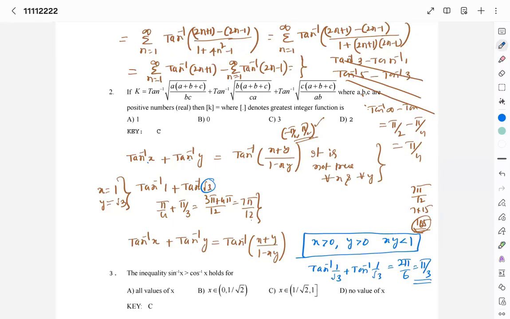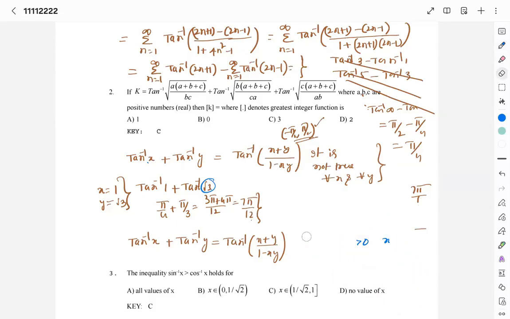We don't have any troubles. And xy, if you take 1 by 3, is less than 1. So it is satisfying this condition. Right? So this relation is true for xy positive and xy less than 1.